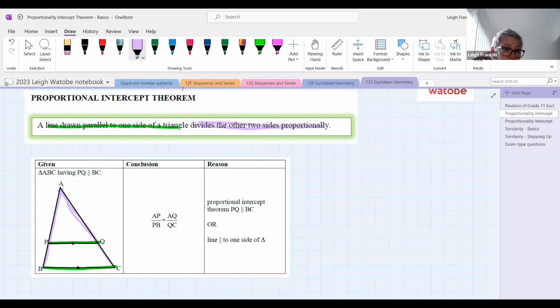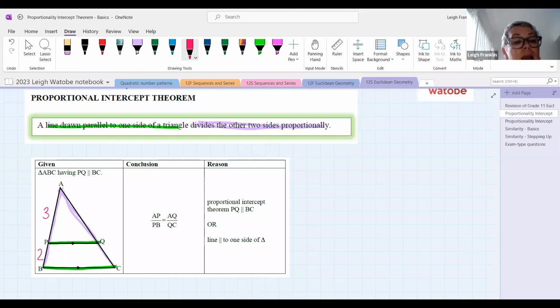Now, when we say that something is cut into the same proportions, we are saying they are not necessarily the same length. If I say the length of AP is 3 units and the length of PB is 2 units, then AQ and QC are cut into the same proportions.